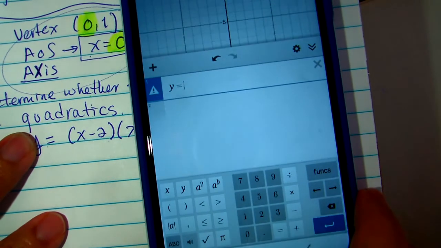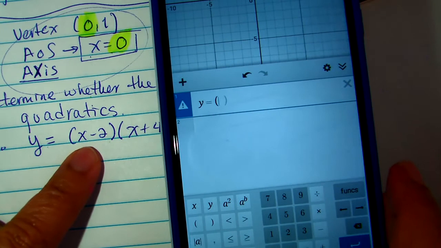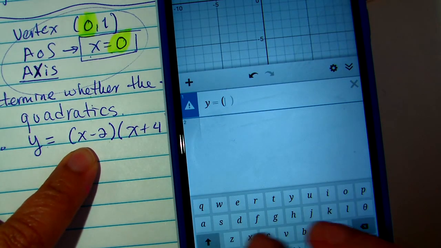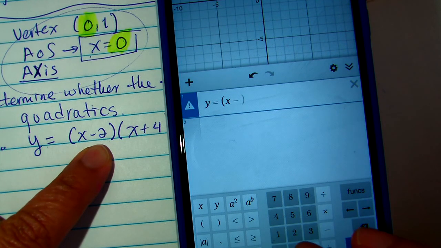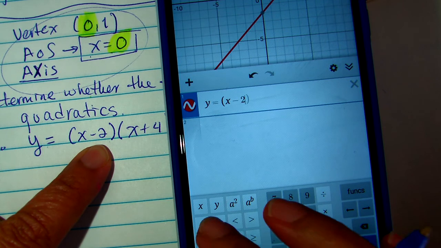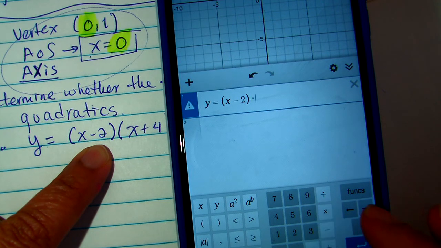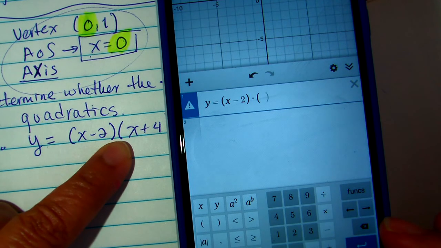On the keypad of the app, y equals, open a parenthesis, type it exactly the way you're looking at it, okay? And we have x minus 2. I'm going to close the parentheses. Just to be on the safe side, I'm going to press times. I'm going to open the other parentheses because these two are multiplying.